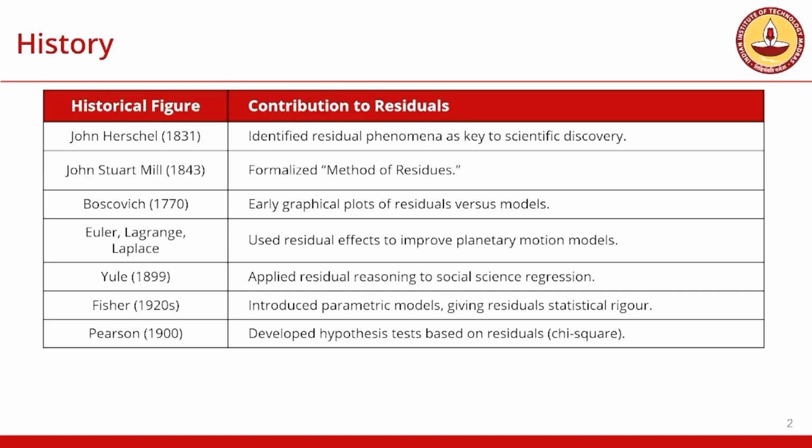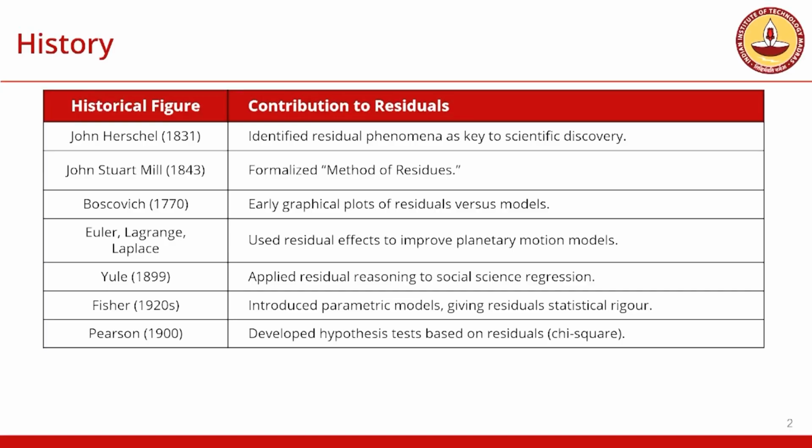In 1899, the social scientist G. Yule used residual reasoning in the regression study of poverty and welfare relief. By accounting for multiple factors simultaneously, Yule employed what became known as multiple regression analysis. Residuals in this context revealed the portion of poverty unaccounted for by welfare, refining the understanding of social causes.